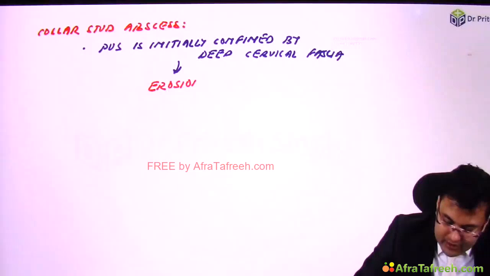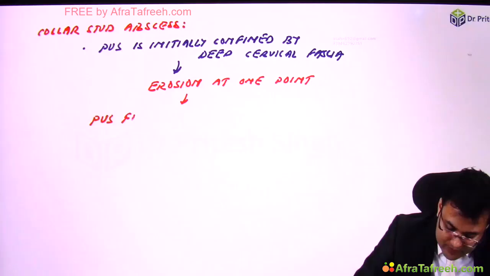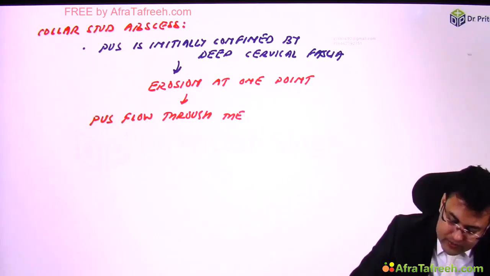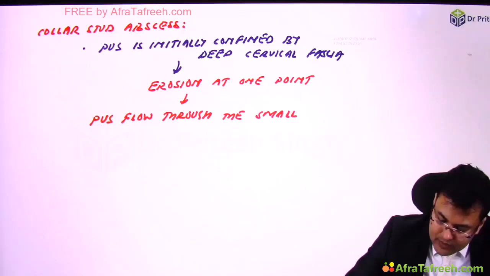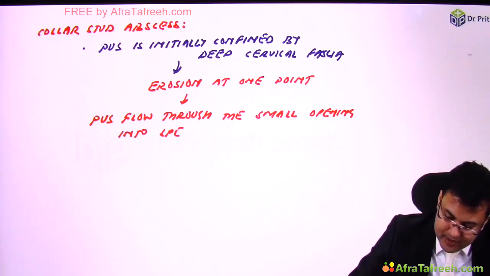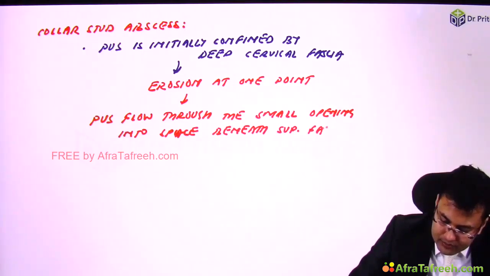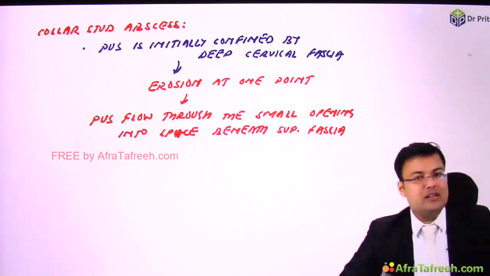There is erosion at one point, and after this erosion, pus flows through the small opening into the space beneath the superficial fascia. So this is collar stud abscess.